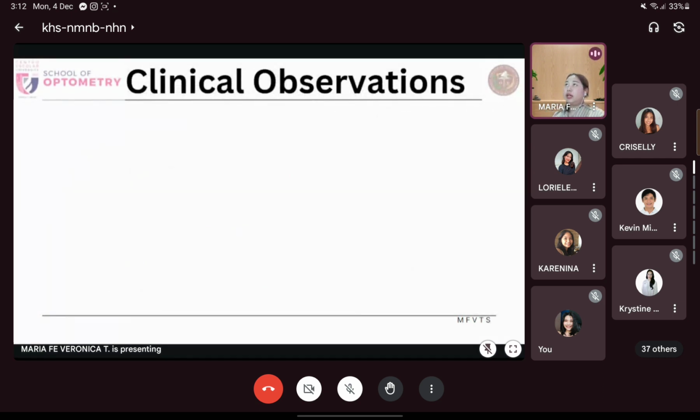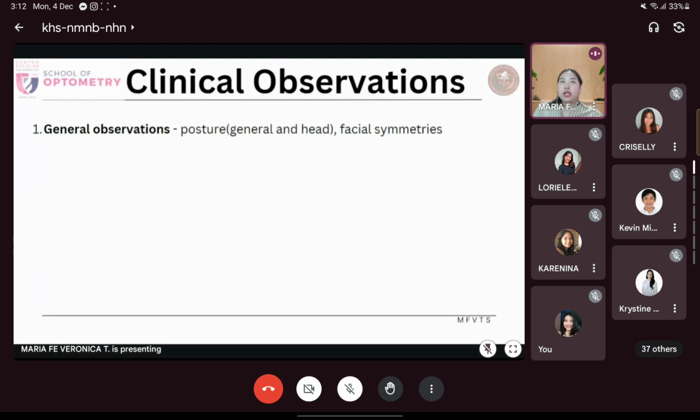If magkaroon ka ng patient na may nystagmus, these are some of the clinical observations that you should take note para maayos yung recordings mo. First, general observations, you have to make sure is the posture or may eccentric fixation ba yung patient? May head tilting ba? Or is there facial symmetry?